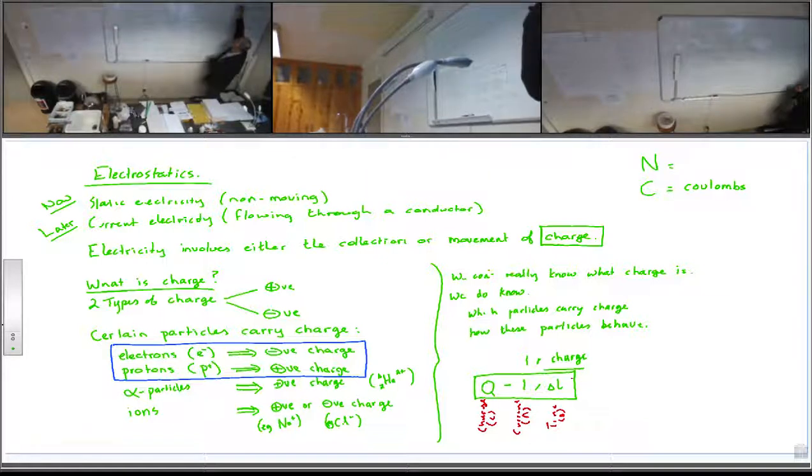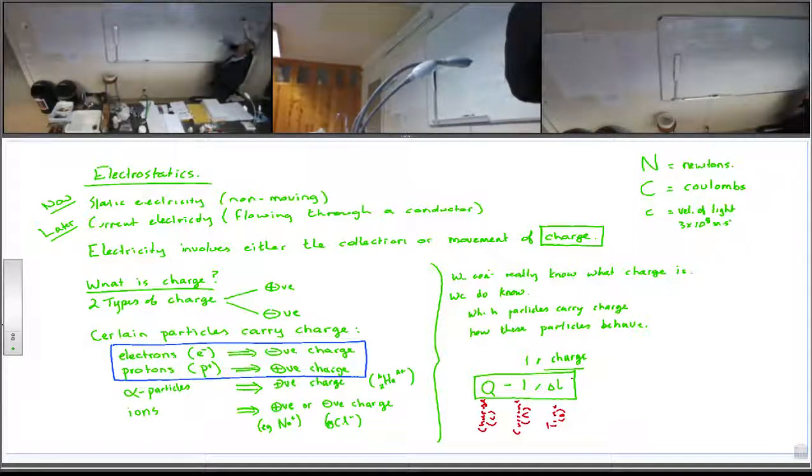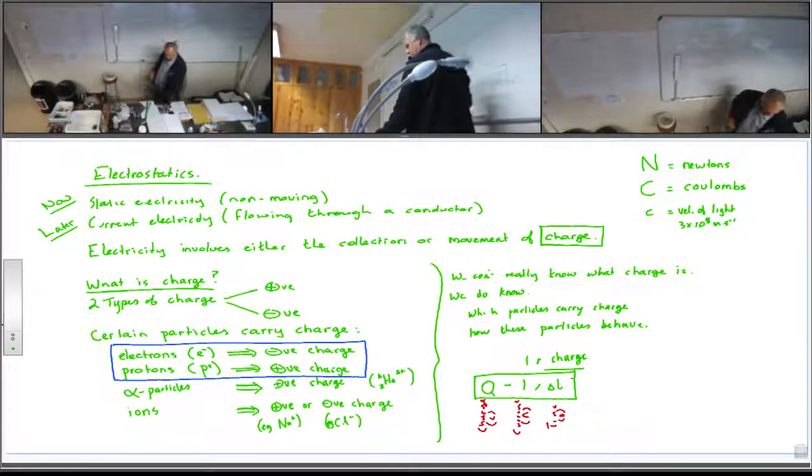Capital N. How do we write it if we write out newtons? And what is a small c? That's the speed of light, the velocity of light, which is 3 times 10 to the power of 8 meters per second. So if you write a small c, it doesn't mean coulombs. Rather just write out coulombs, but capital C.